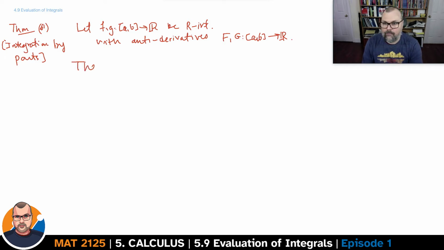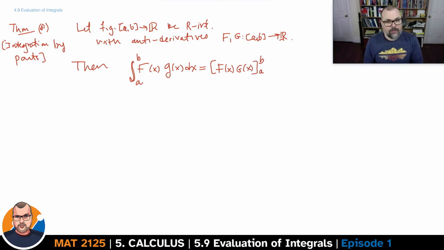Then, the integral of capital F times little g between a and b is what we typically write as F(x)G(x) between a and b, which we mean to be: we evaluate the function at b and then subtract from that the value of the function at a, minus the integral between a and b of little f(x) times big G(x).